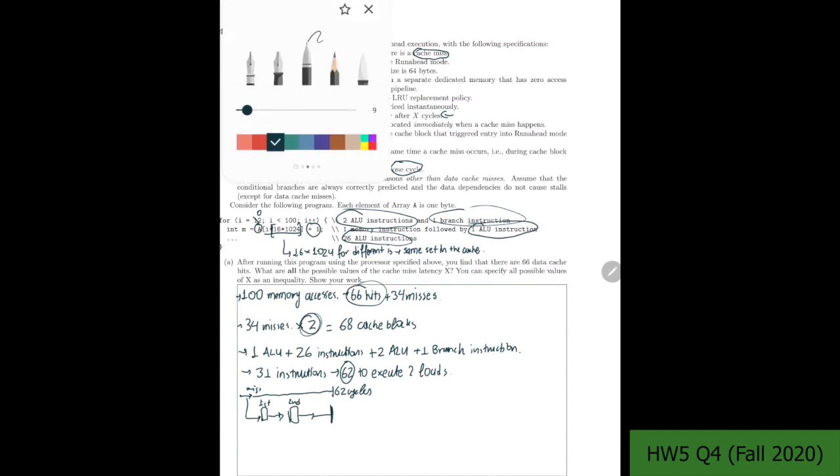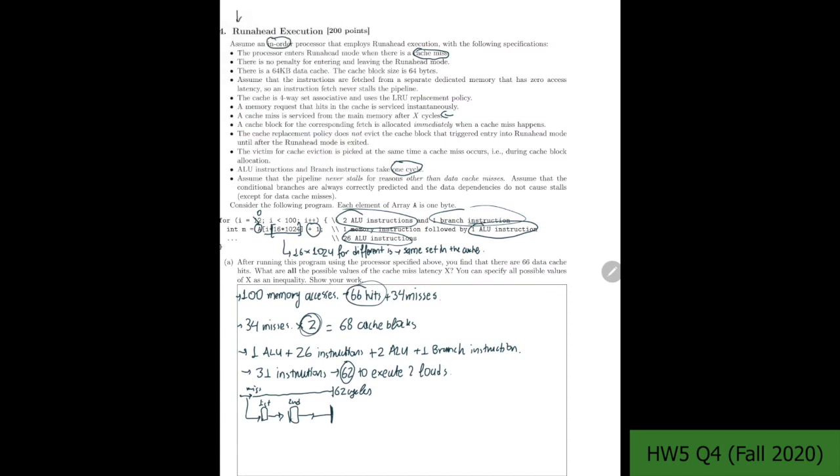But the problem is the following. We need to find the upper bound of the inequality right now. So if the miss is served after 92 cycles, which means that here we won't spend 62 to execute 2 loads, but Runahead will spend 92 and it will execute 3 loads, 3 prefetches.